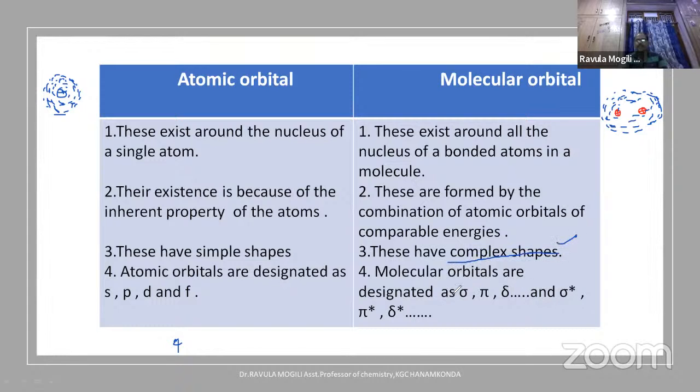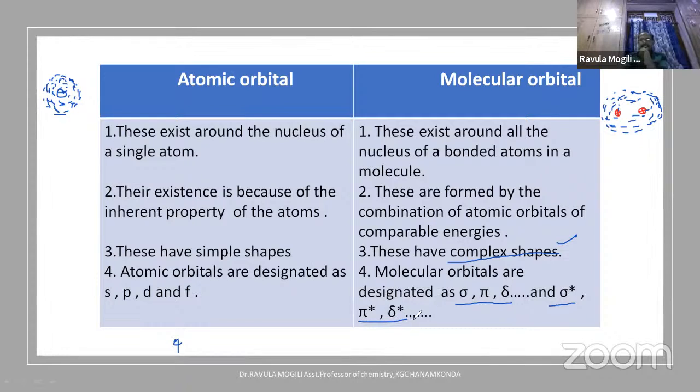Atomic orbitals are designated as s, p, d, and f. But molecular orbitals are designated as sigma, pi, delta, or sigma star, pi star, and delta star.